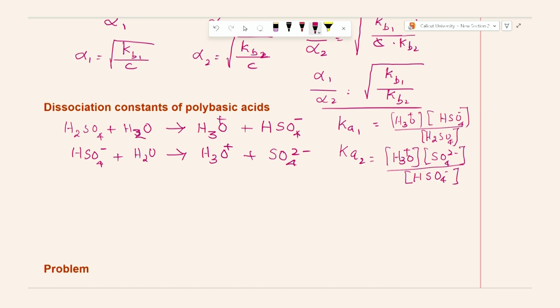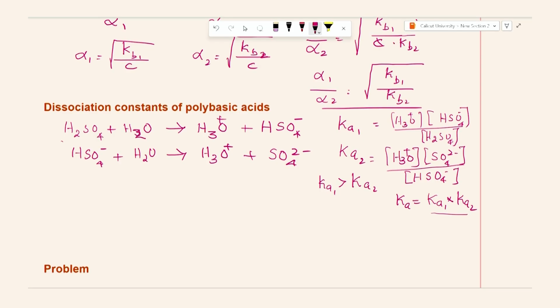Now, in this case, it has been found that Ka1 will always be greater than Ka2, and for getting the overall Ka value for sulfuric acid, what we do is multiply Ka1 into Ka2. That is the overall dissociation constant for sulfuric acid. So, you take the product of both.